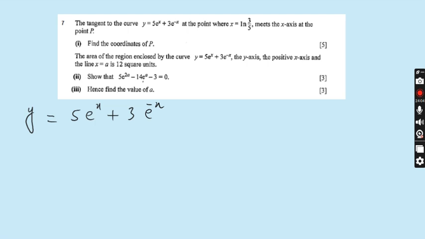How to find the equation of tangent? First find the derivative dy by dx. This derivative represents the gradient of tangent.